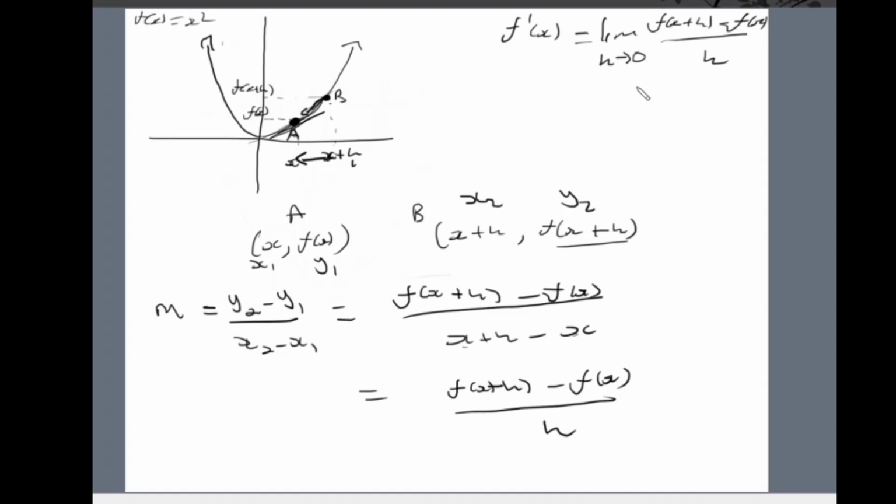So you see that in this definition they are just calculating the gradient of a curve at a specific point, that point being x.